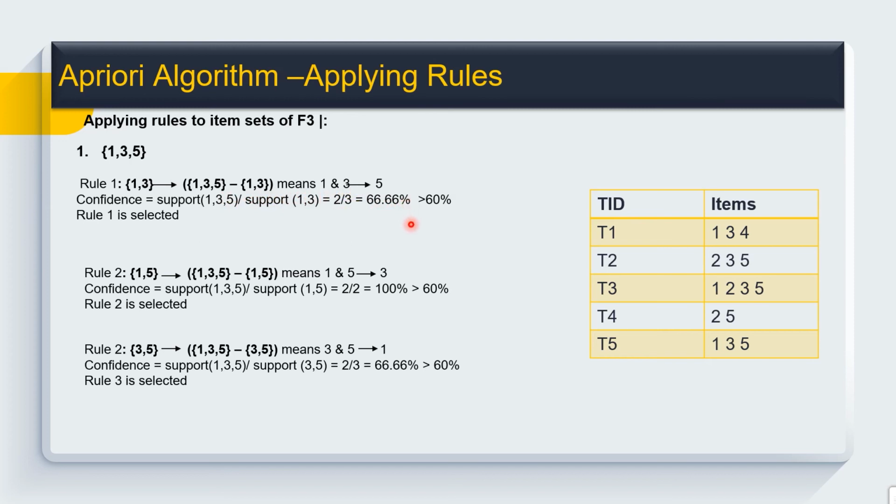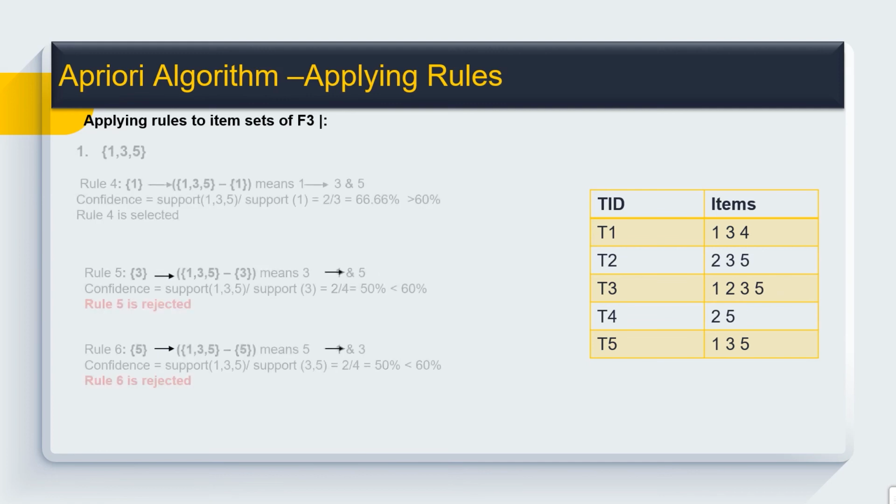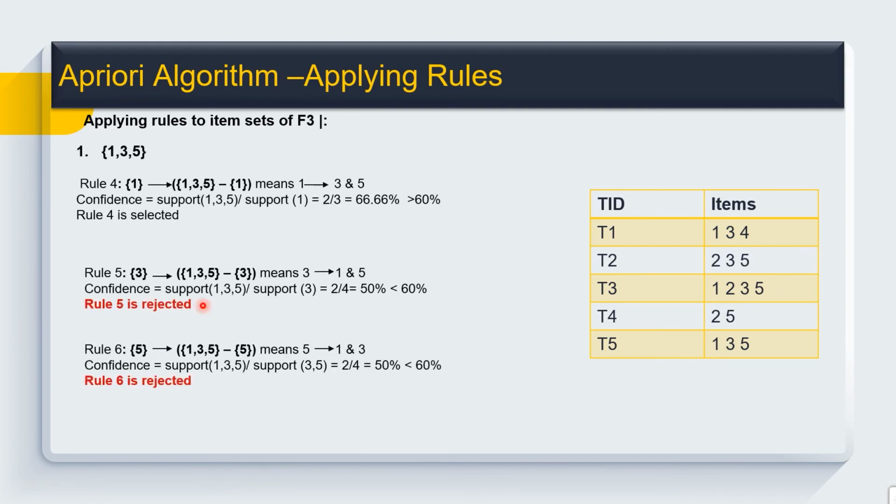Similarly, for rule 2, if you buy 1 and 5, there's a 100% chance that you will buy 3 also. If we have a look at rules 5 and 6 here, the confidence value is less than 60%, which was the assumed confidence value. So we are going to reject these rules.